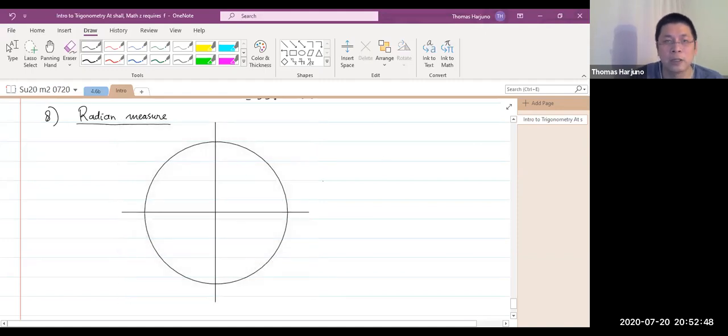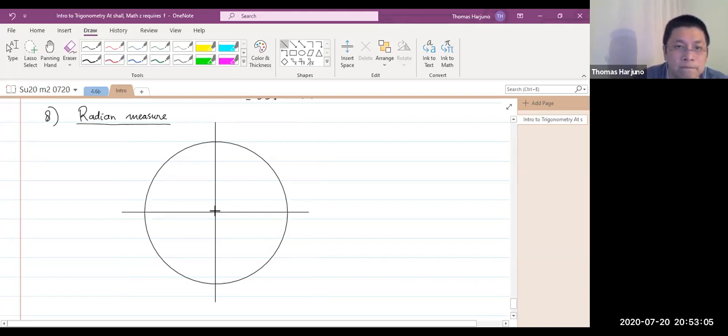Okay, let's say you have a circle. I purposely put a coordinate system there, but the idea is the following.